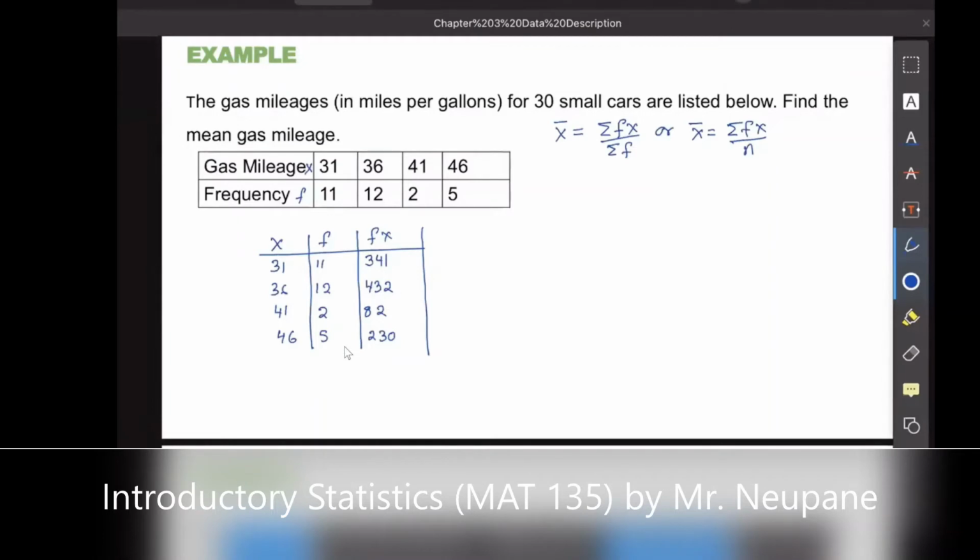But sometimes the number of observations given will be more than 10. In that case, multiplying manually will take time, so we use a calculator. I'm going to stop sharing this one and share the calculator.